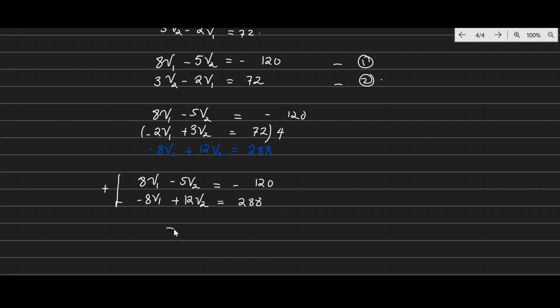That is 7, so I have 7V2 equal to negative 120 plus 288. Adding these gives 168. Now 168 divided by 7 is 24, isn't it?